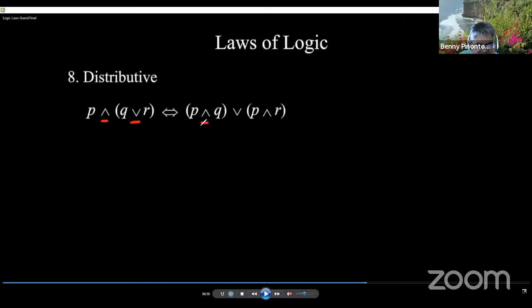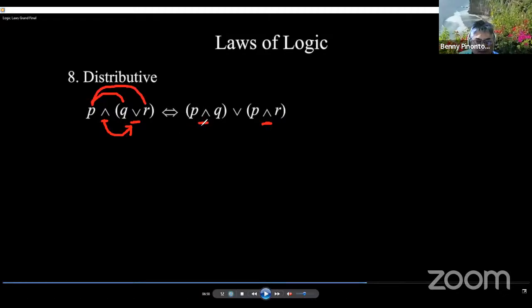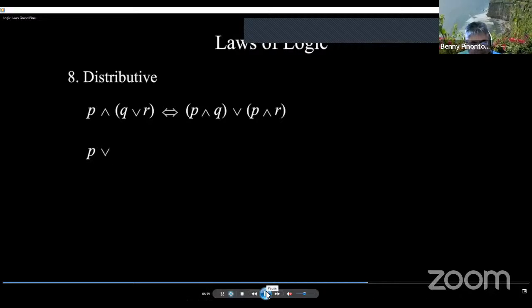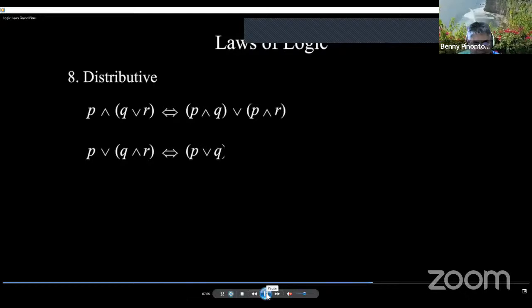Now the AND is distributed, so here it becomes P and Q or P and R. The same when you interchange the operations.